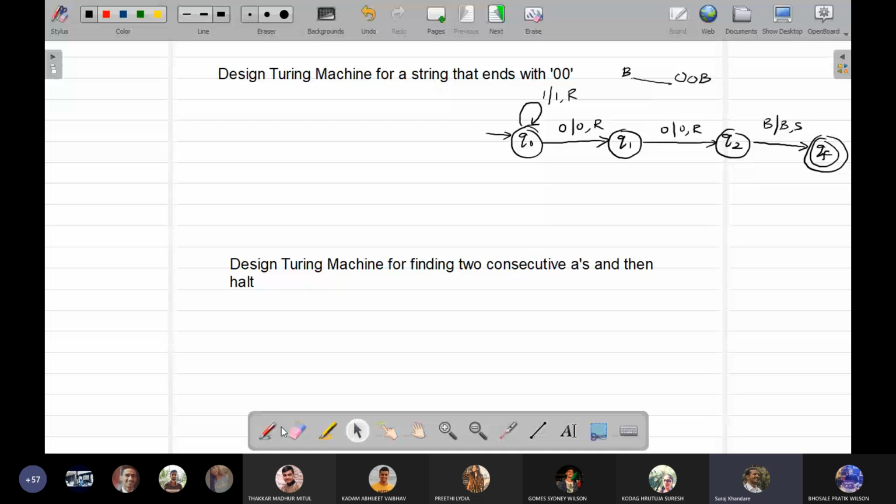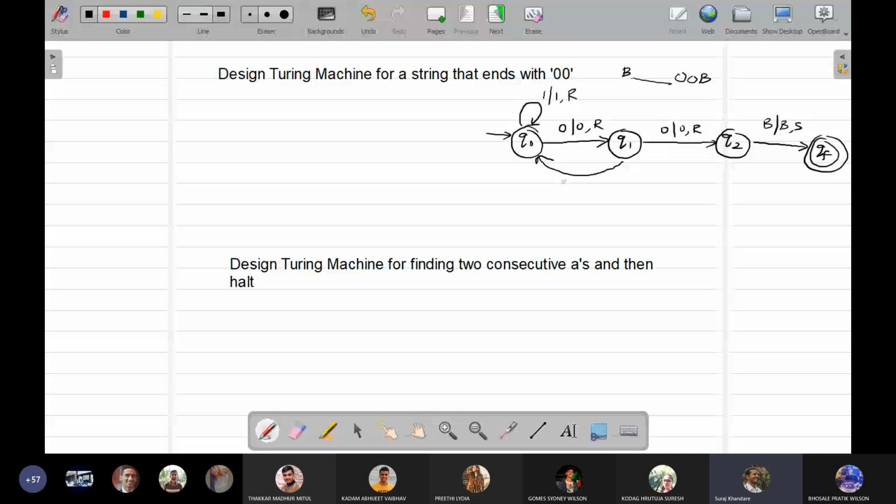Now if 1 comes in between, what will happen? So what do we do? The 2 zeros must be continuous. Suppose in Q1 we get 1, we move from Q1 to Q0. We keep 1 as it is, we keep moving to the right.